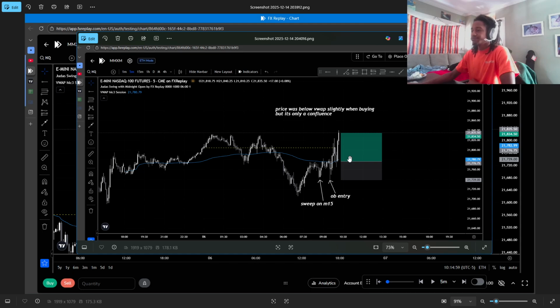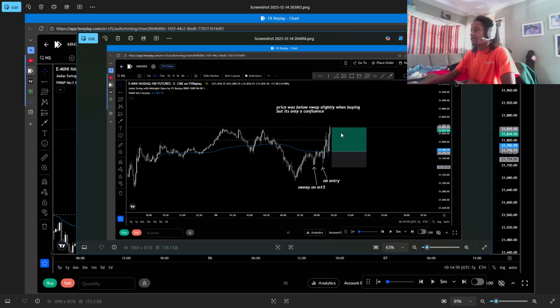Most of the time I just target 1 to 1.5 R, or the next liquidity. In this case, these highs just look so clear and obvious that price wanted to go here. So I just put my target here, and I think it was around a 1 to 1.5 also. And that's about it. So yeah, that's my strategy.